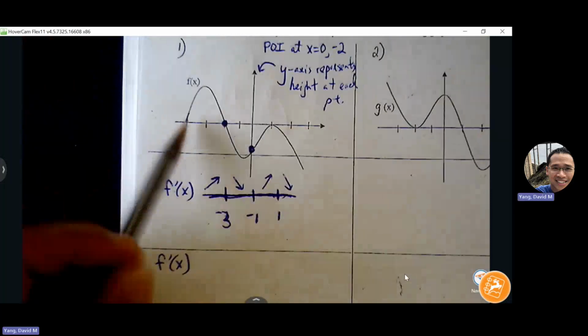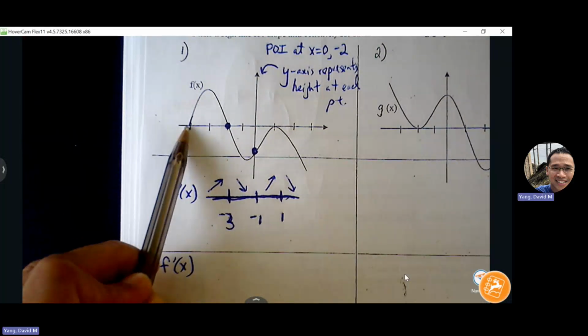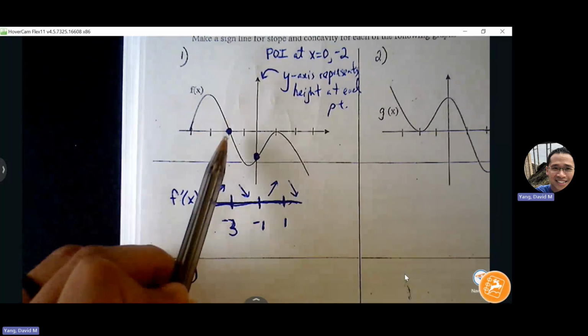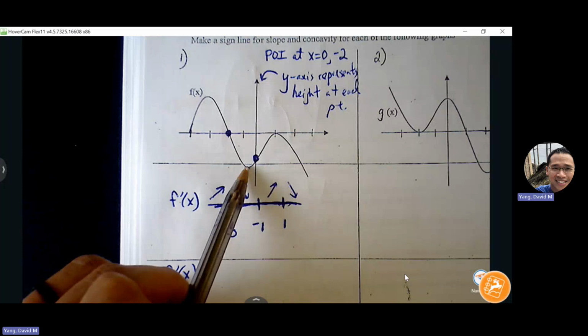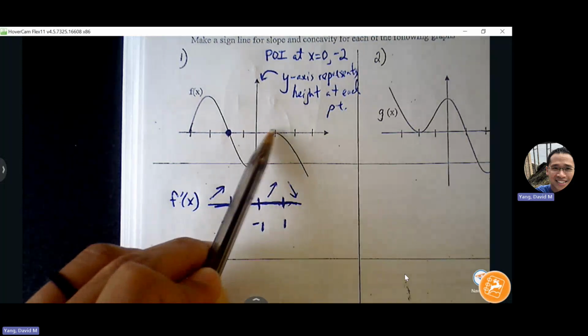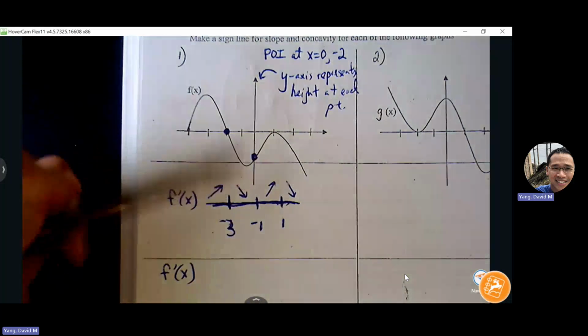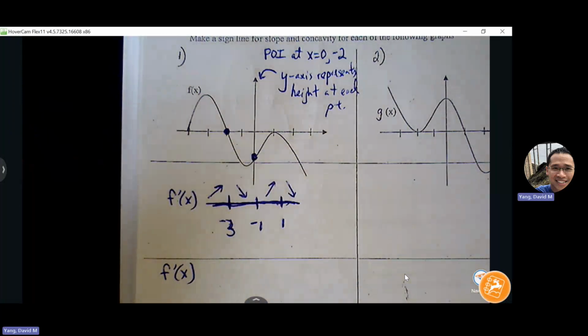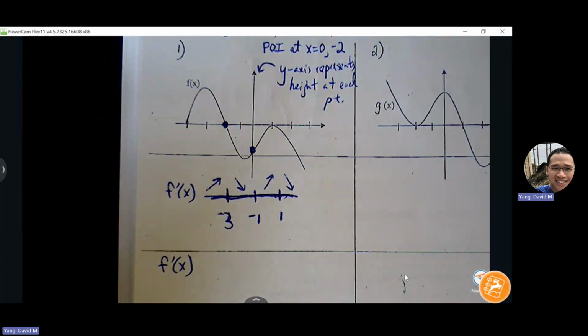So here, this point has a y value of 0. This point has a y value of, let's say, positive 3, then 0, then -2, then -1, and so on. We're comfortable with the function graph because we've been using it for a long time.